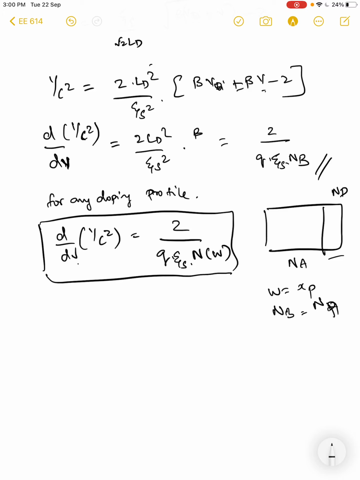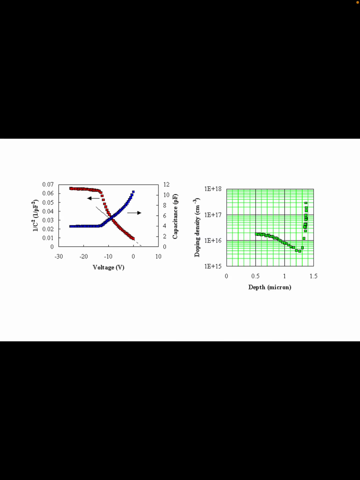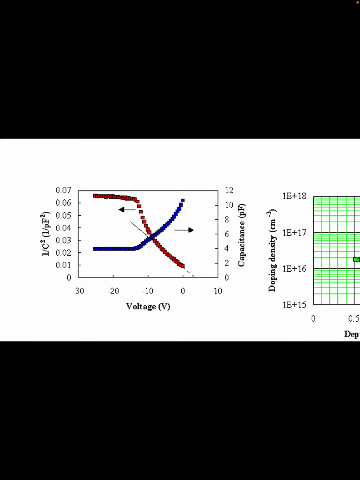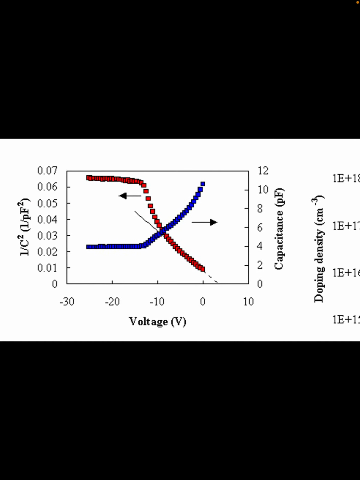Now let us take a look at some measurements and see how this expression is useful for researchers or people working in the industry. So here is a measured capacitance versus voltage.